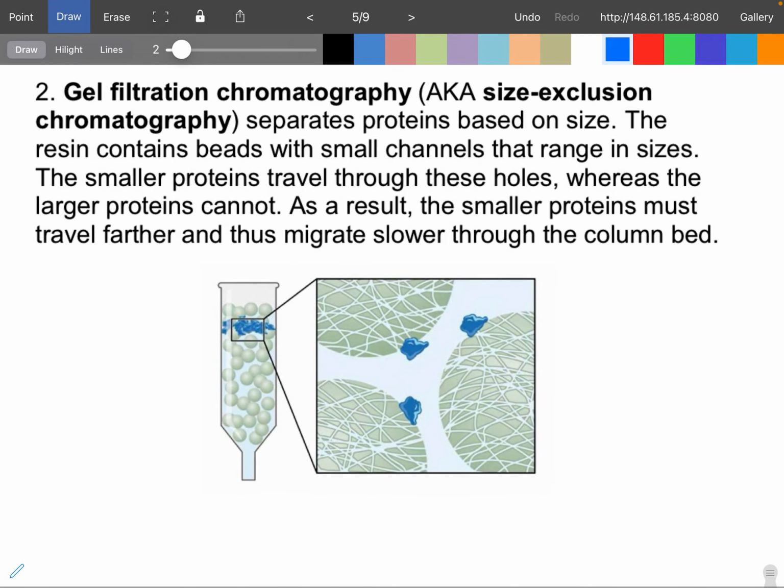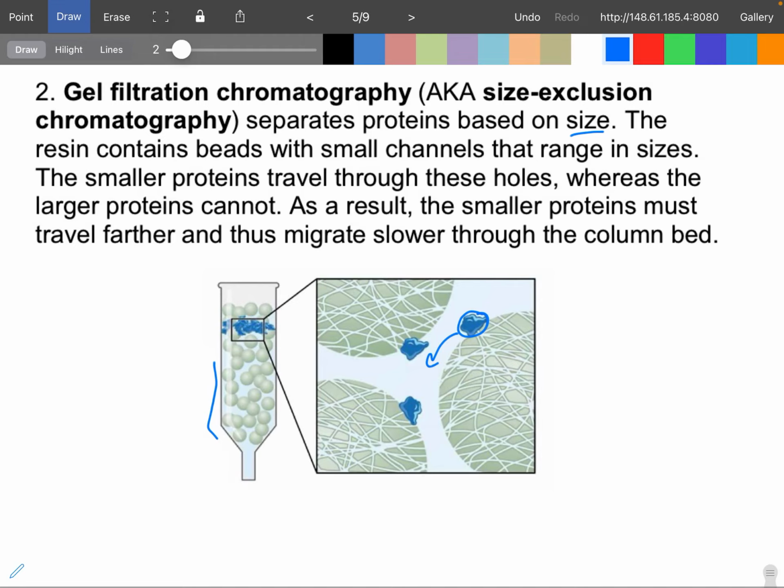Gel filtration chromatography is also a very common technique, and this is often called size exclusion chromatography because it separates proteins based on size primarily, but also shape in some ways. And the idea here is that if we have a resin that has beads in it, and of course this is shown not to scale. The beads are very almost microscopic, but the proteins that are very large, like this one, volume between the beads.